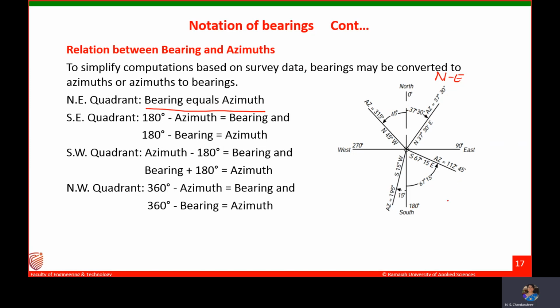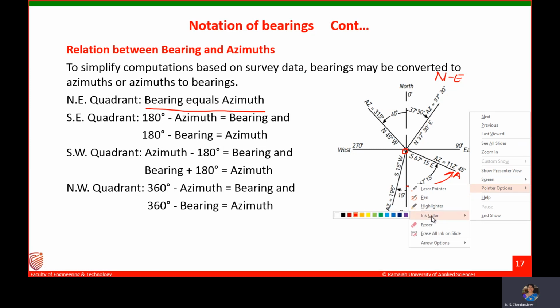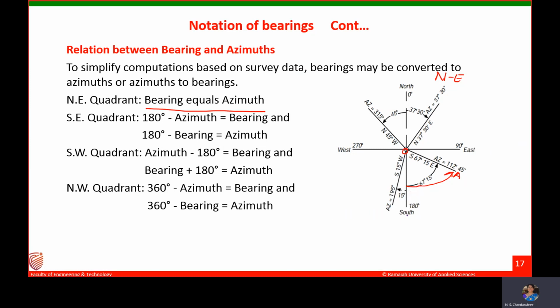In the southeast quadrant, in the reduced bearing system we measure from the south, so the bearing of this line OA is measured in the quadrantal system in this direction. But in the whole circle bearing system, it is measured from here. So both the angles are different.